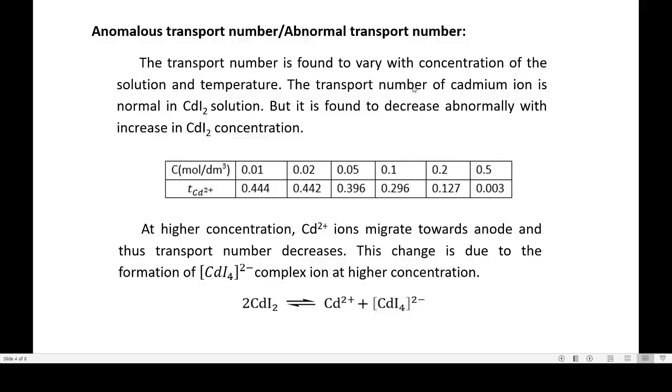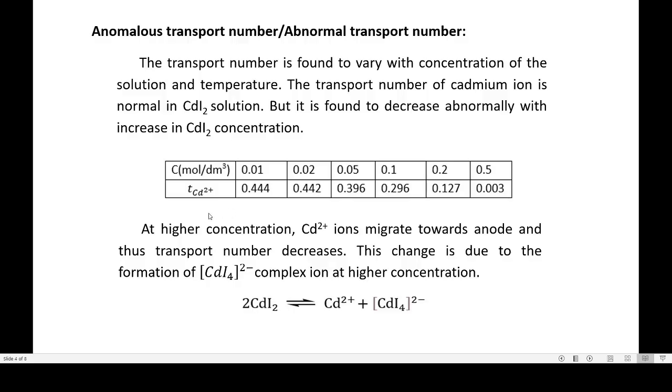The transport number of cadmium ion in cadmium iodide solution will be normal in lower concentration solution, but it is found to decrease abnormally with the increase in concentration. As the concentration increases, the transport number of cadmium ion is found to decrease almost nearly to 0.